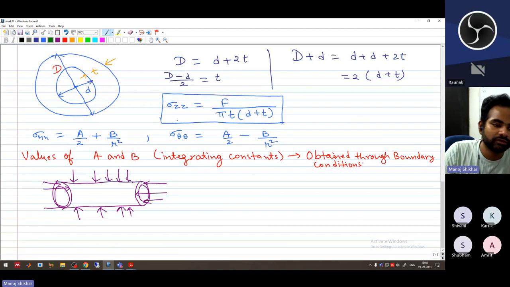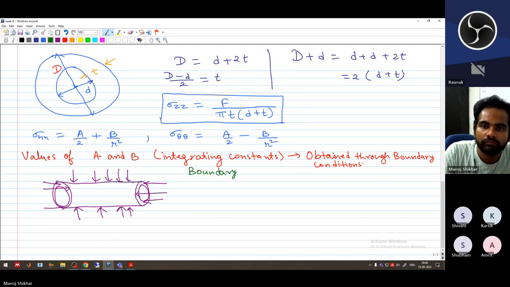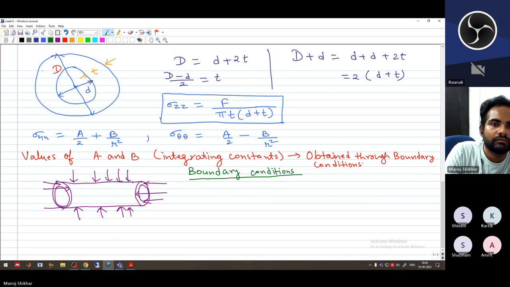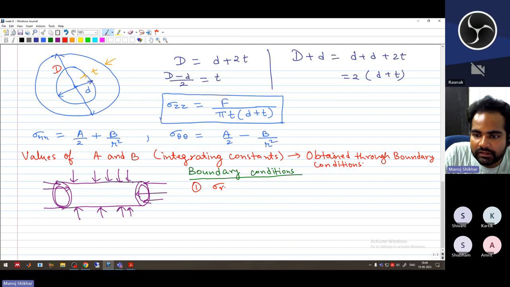So let's move on to the problem. So the boundary conditions are: first one is sigma RR at R1 equal to 0.